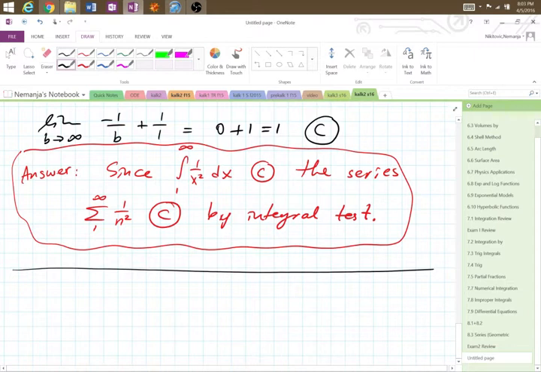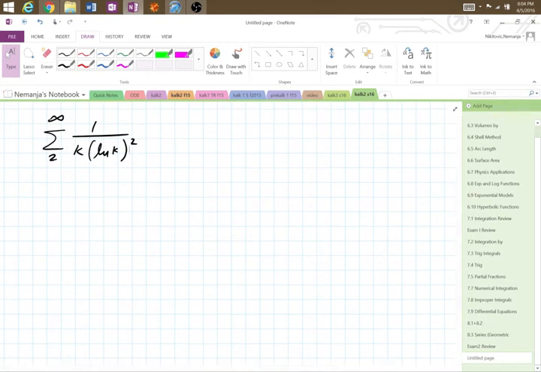Here's a little bit harder example. Well, much harder example, I guess. The series goes from 2 to infinity, and we have 1 over k, open parenthesis, ln k, close parenthesis squared. So now you're looking at this and you say, well, wow, I have 1 over k, which could be 1 over x. That's the derivative of ln x. So I'm in a good position for u sub.